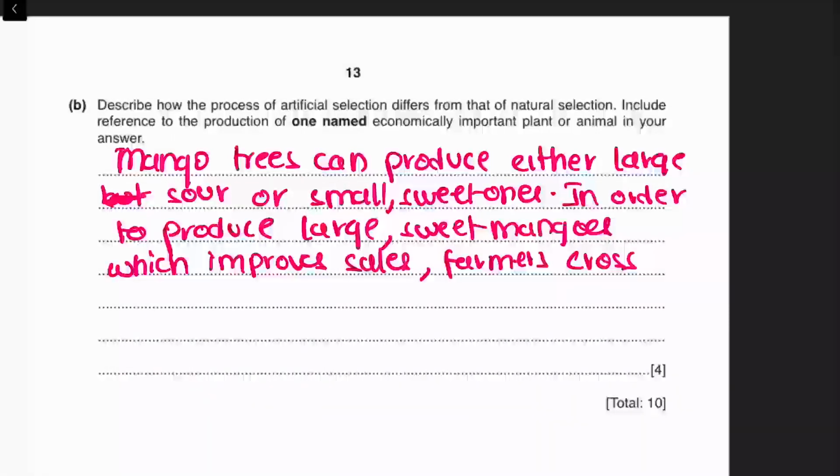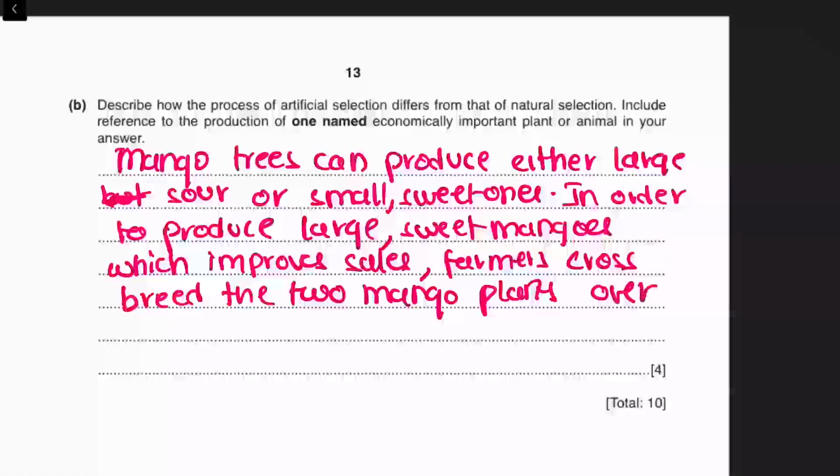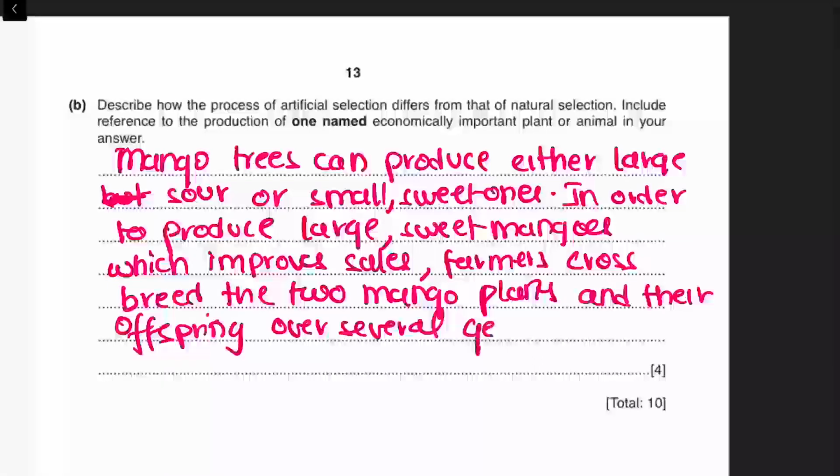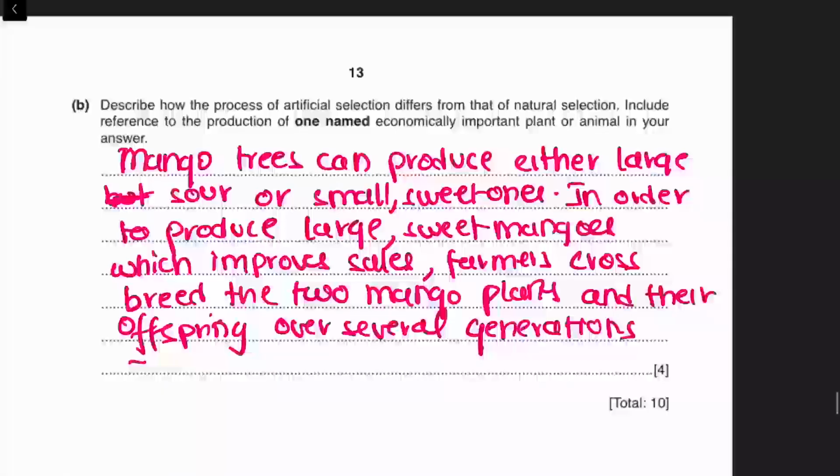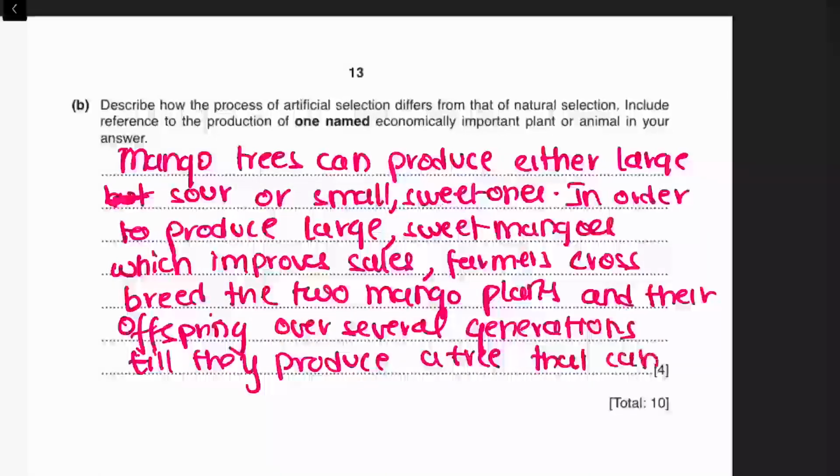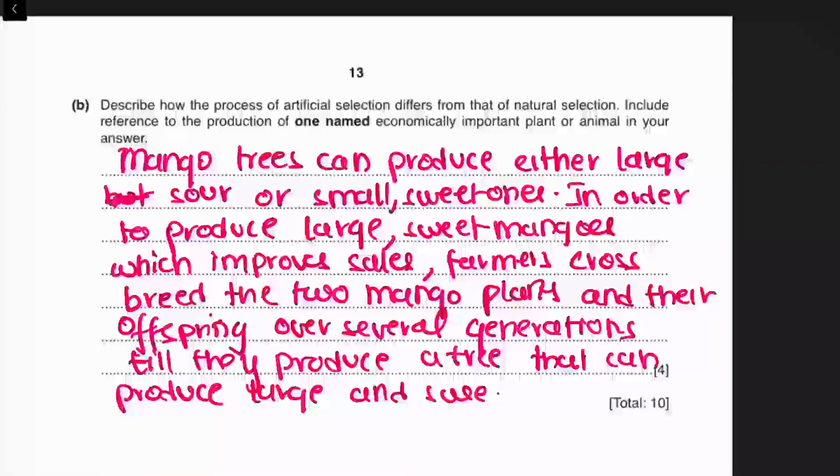Farmers cross breed the two mango plants and their offspring over several generations till they produce a tree that can produce large and sweet mangoes.